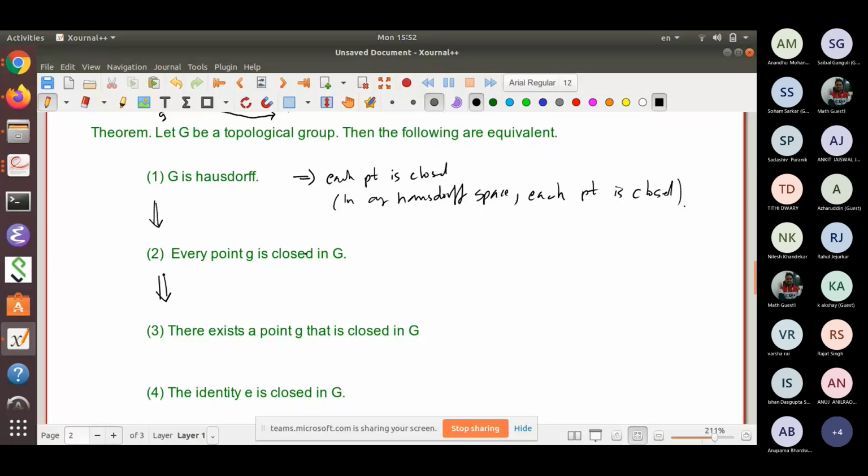Well, every point of G is closed and G is non-empty. So there is some point in G, and therefore there exists a point G that is closed in G. Every doesn't mean there exists unless you also know something is non-empty.